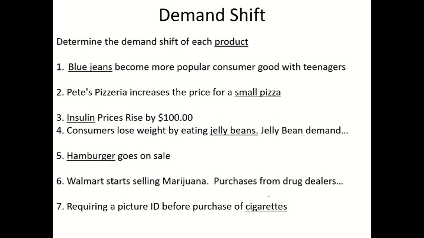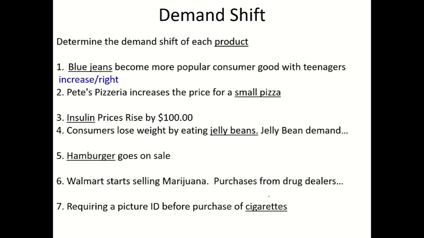So let's take a look at demand shifts. Why does demand shift for certain things? Well, I keep saying that economics is basically a study in human behavior. So blue jeans become more popular consumer good with teenagers. All right, let's take a look. So it's going to increase and go to the right.